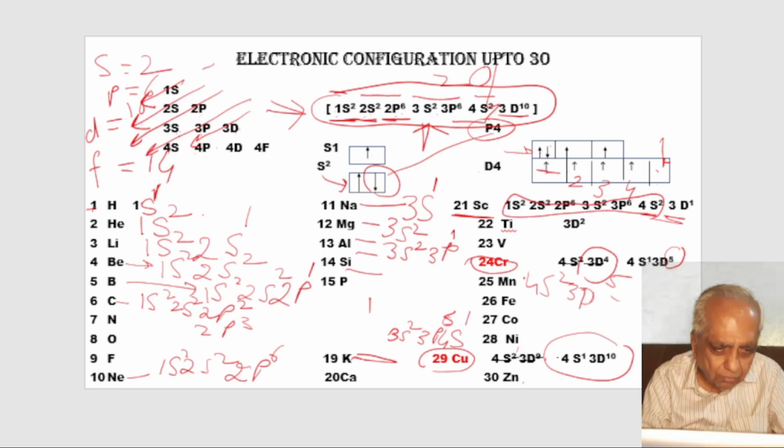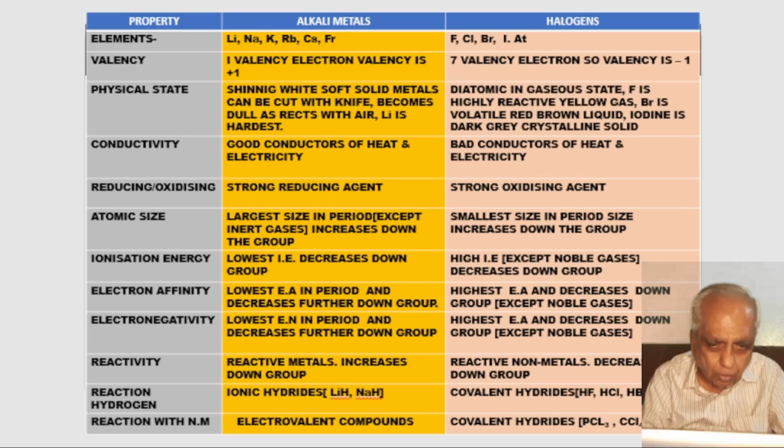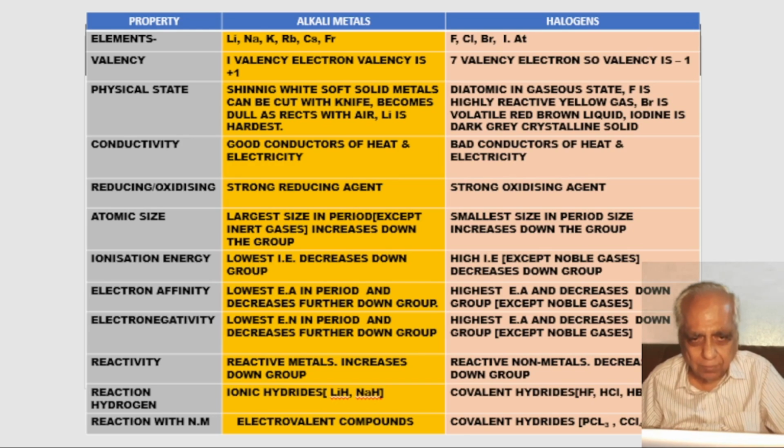Then one small topic I will cover also: the comparison between alkali metals, meaning group 1A, and halogens, meaning group 17. So you know these elements: lithium, sodium, potassium. You can have a look in your periodic table and see.